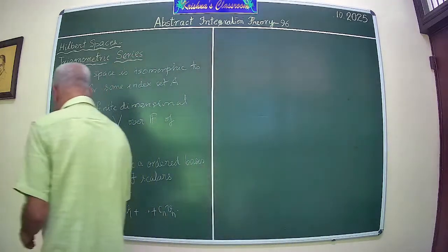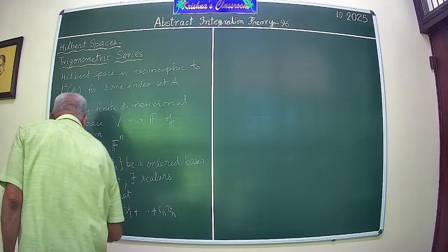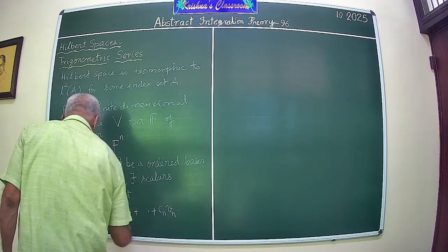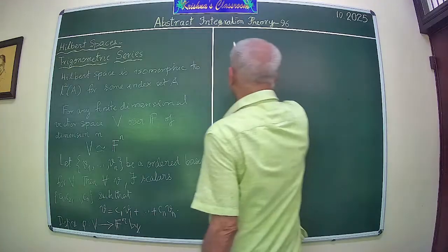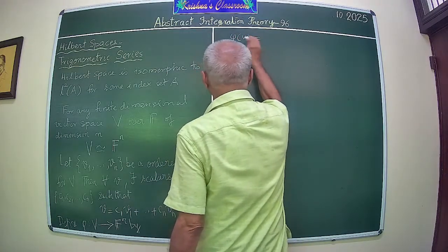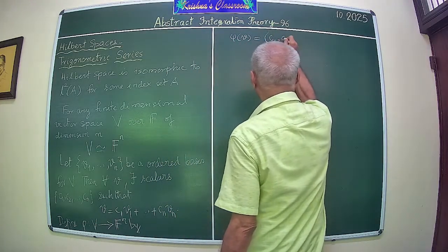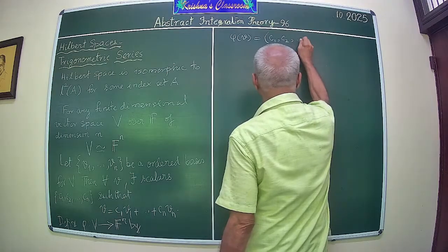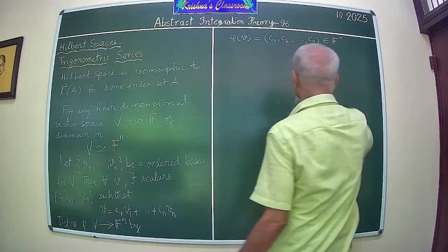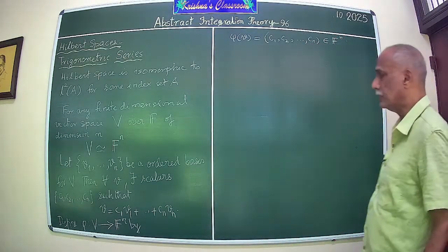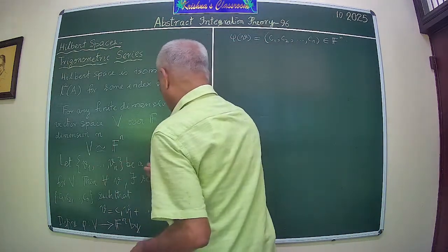Now we define phi of v to be (c1, c2, ..., cn), and this is an element of F^n, where c1, c2, ..., cn are picked up from the coefficients that appear here, since we have chosen an ordered basis.